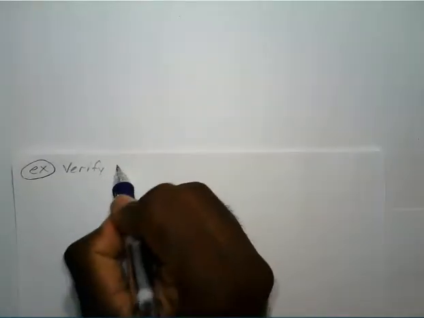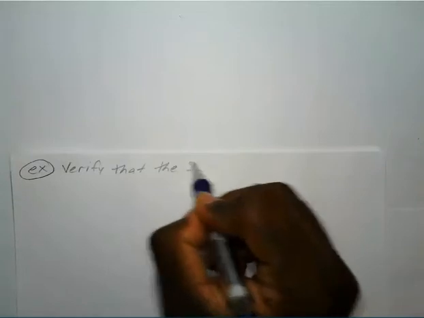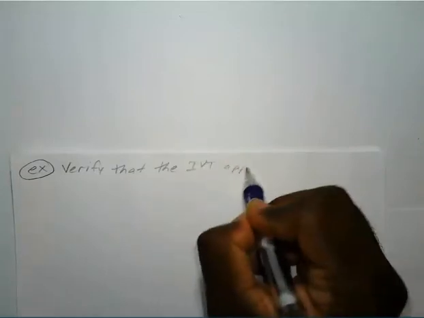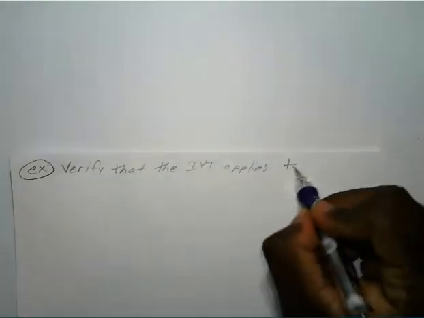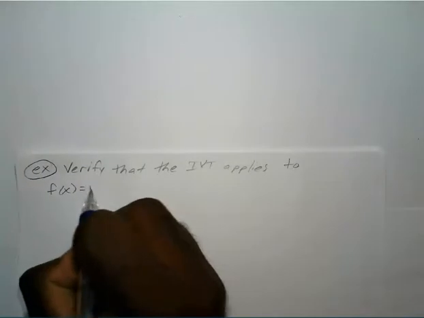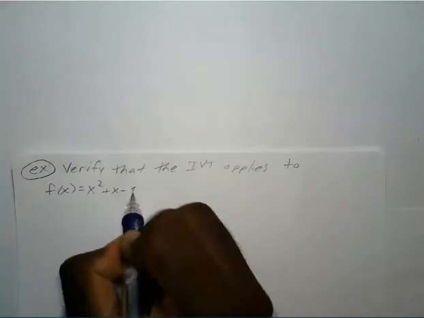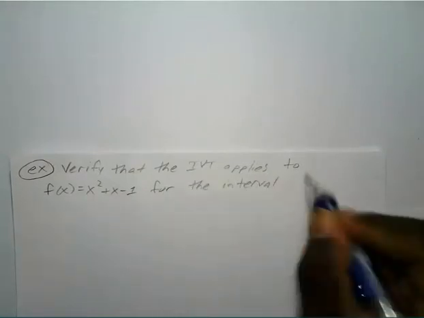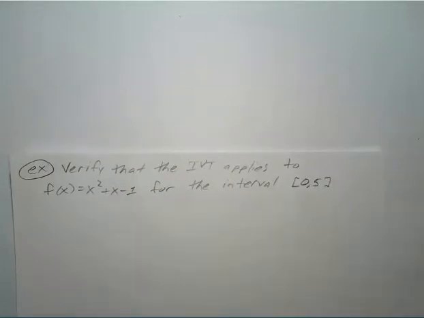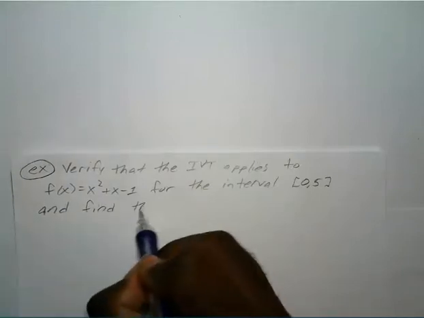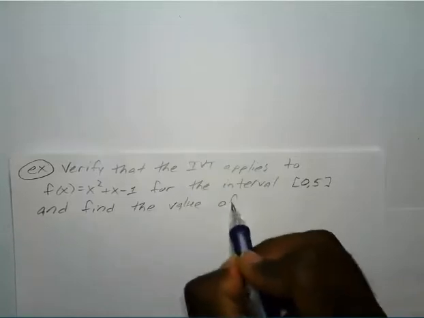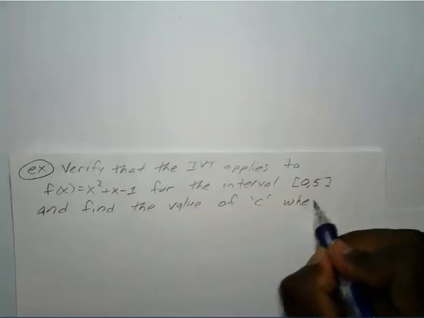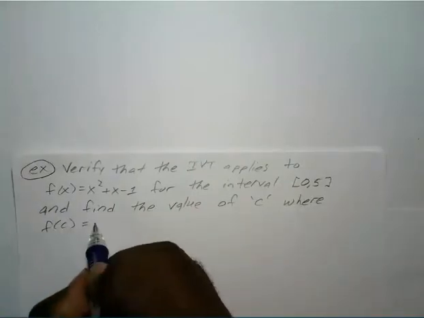Okay, so let's say, for example, we want to verify that the intermediate value theorem applies to f of x equals x squared plus x minus 1 for the interval 0 to 5, and find the value of c where f of c is equal to 11.